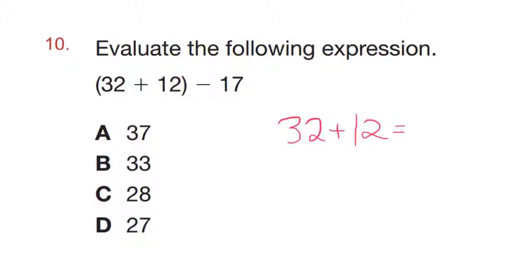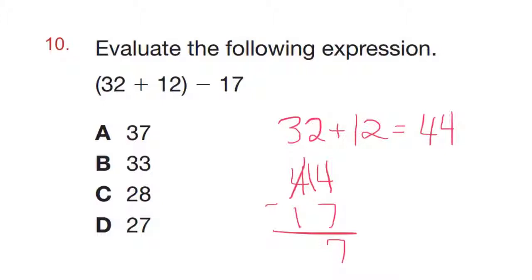When we do that, we should get the answer of 44. Then we can do 44 minus 17. That becomes 14, which becomes 7, and we borrow from there to the 3 to get the answer of 27.